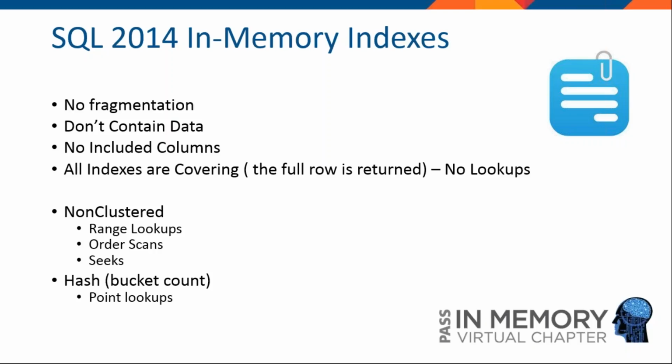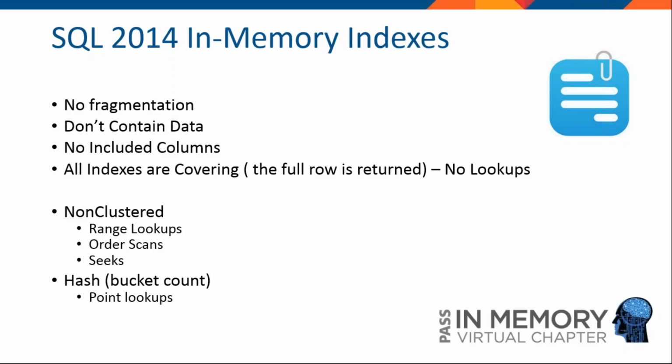With this hash index, you try to perform only point lookups, and by point lookups I mean something like an equals operator. When you say something like, give me all the information from X table where the category equals a certain value, a certain string, when you're using that equal operator is when these hash indexes are much faster than a non-cluster one.